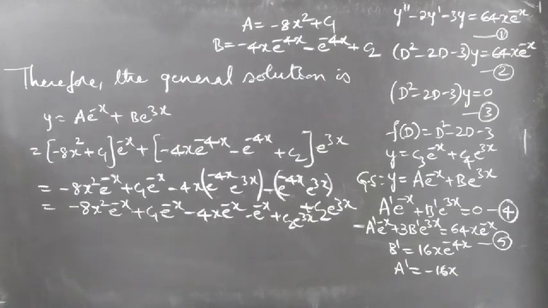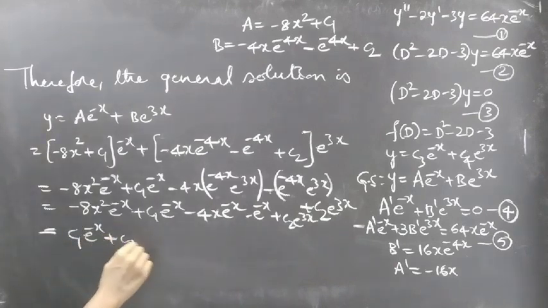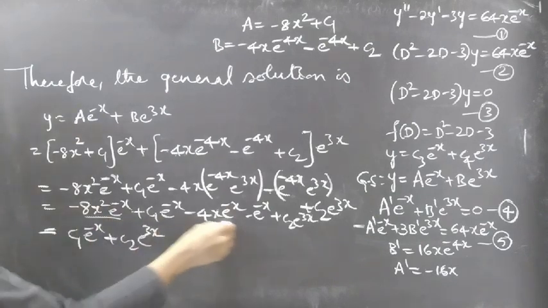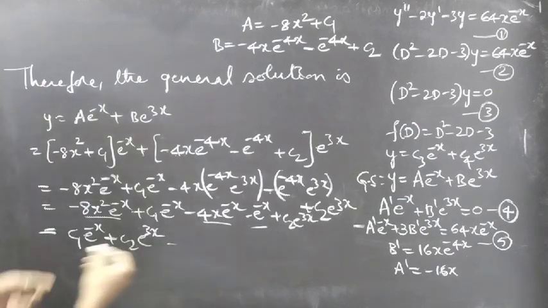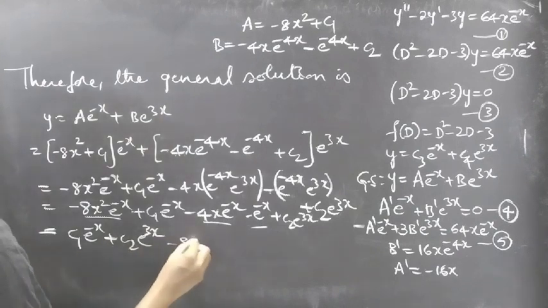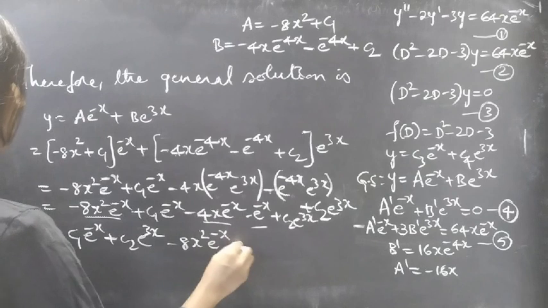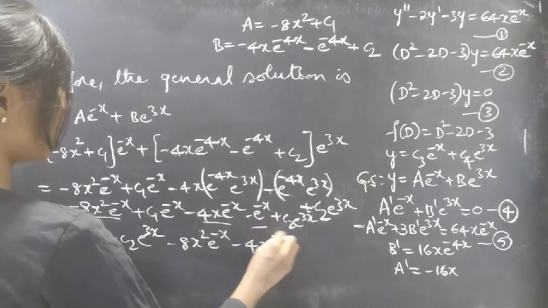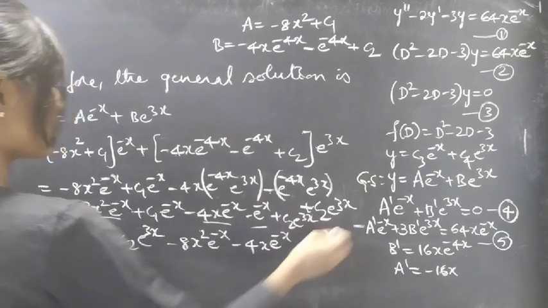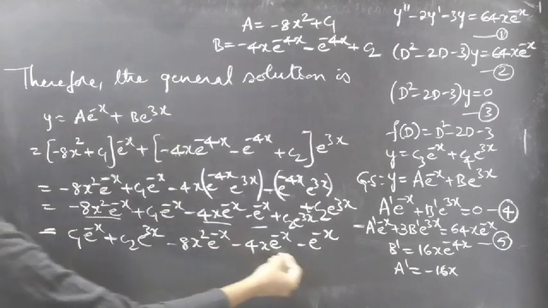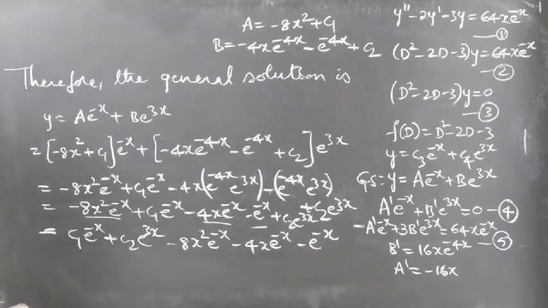Let's now write the terms involving c1 and c2. Firstly, we'll get c1 e power minus x plus c2 e power, sorry, it's 3x. Now write the remaining terms. Minus 8x square e power minus x minus 4x e power minus x minus e power minus x. Take minus e power minus x common from the last three terms.